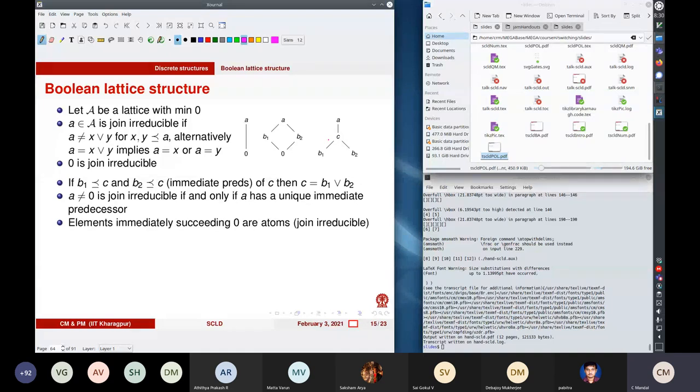And elements immediately succeeding 0 are atoms, and those are join irreducible. So this in fact is a lattice, and in this case B1 and B2 are atoms.